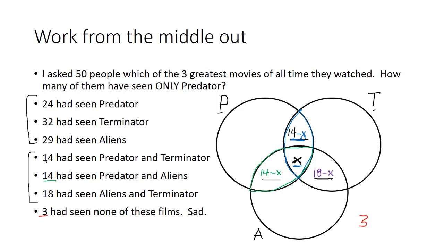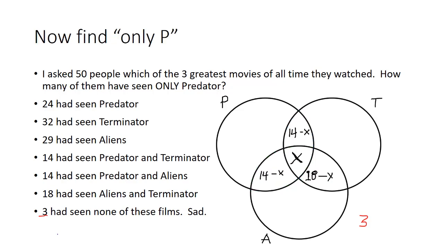So on we go. To find only P, how would we go about doing that? Well, only P, like we talked about, is right here. This is where things get a bit busier, a bit trickier.